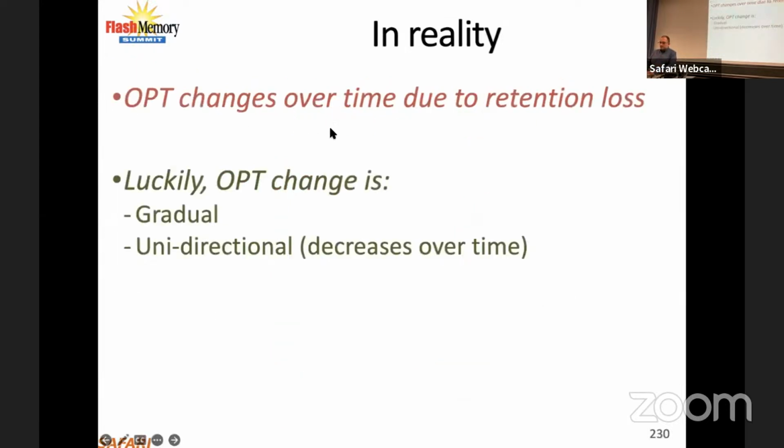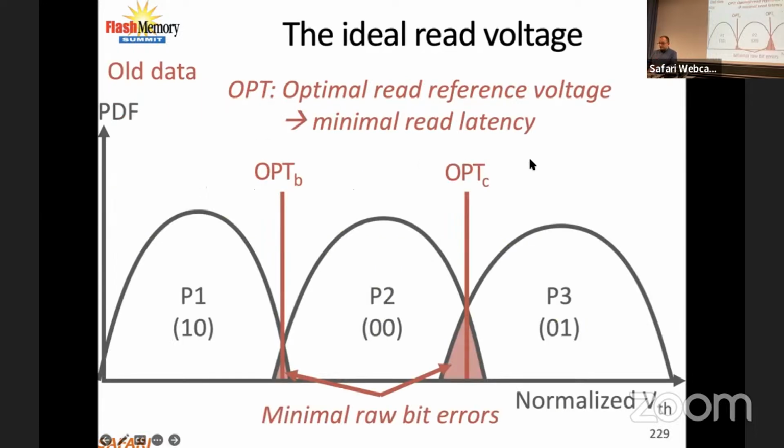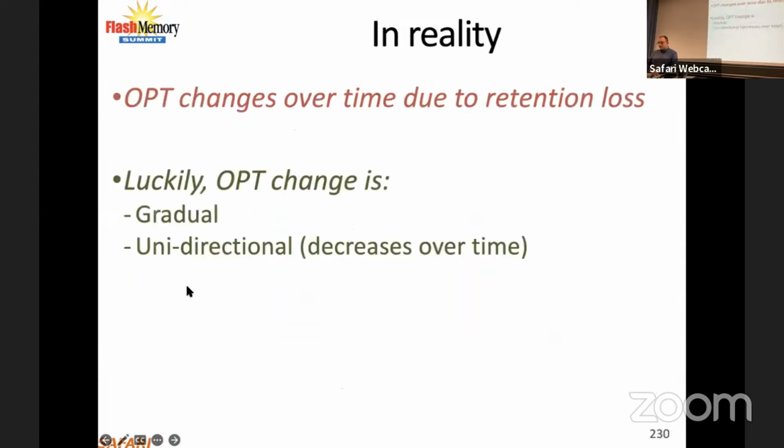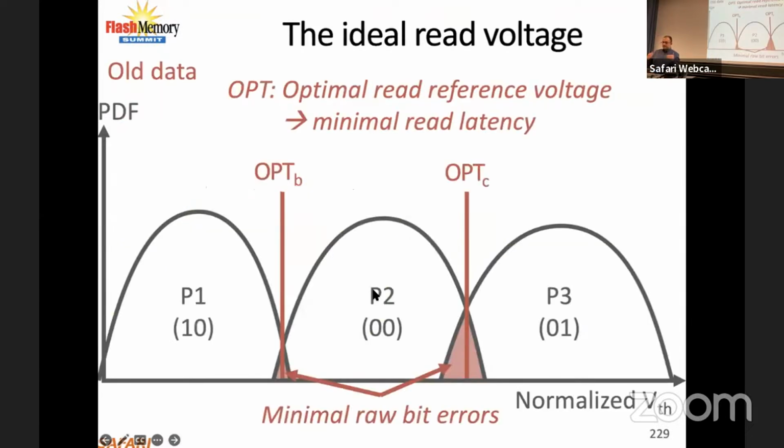The optimal voltage changes over time due to retention loss. You can see the optimal read reference voltage here, but after some time it might be here, for example. So you need to do it frequently. But luckily, the optimum change is gradual and also unidirectional. With retention error, everything is unidirectional. Things are going to the left.